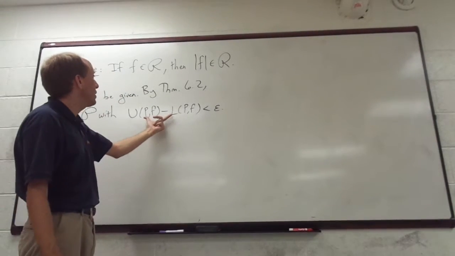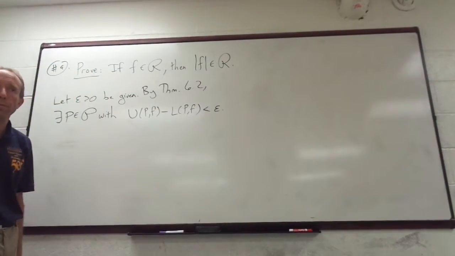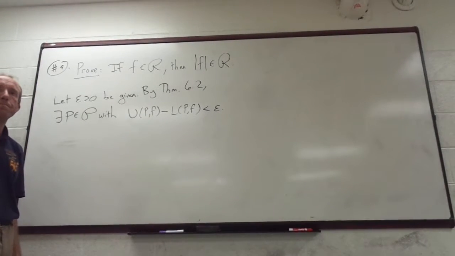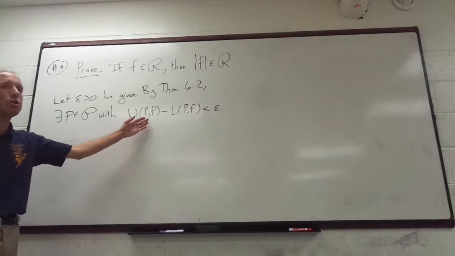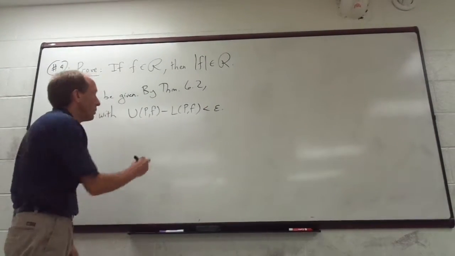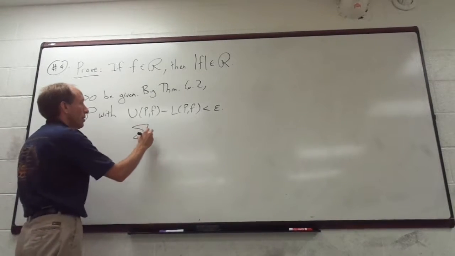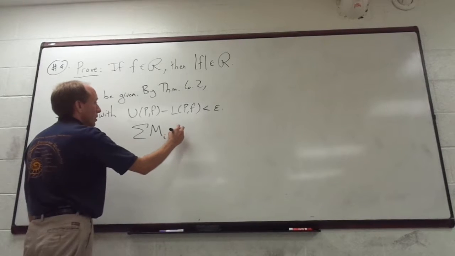Is there another way to write U(P,f) minus L(P,f)? Not with absolute value bars, just using the definitions of the U and the L. It's the summation of what now? Capital M_i delta x_i.